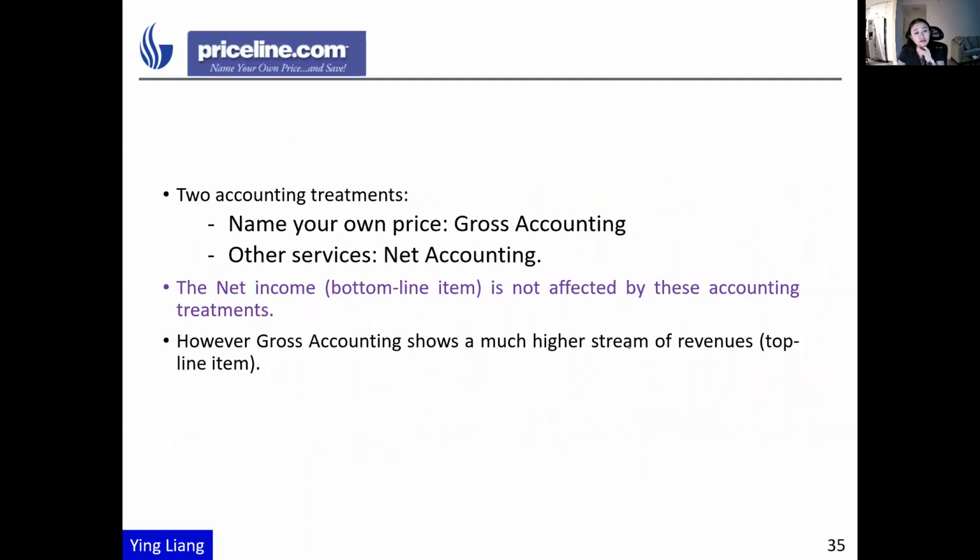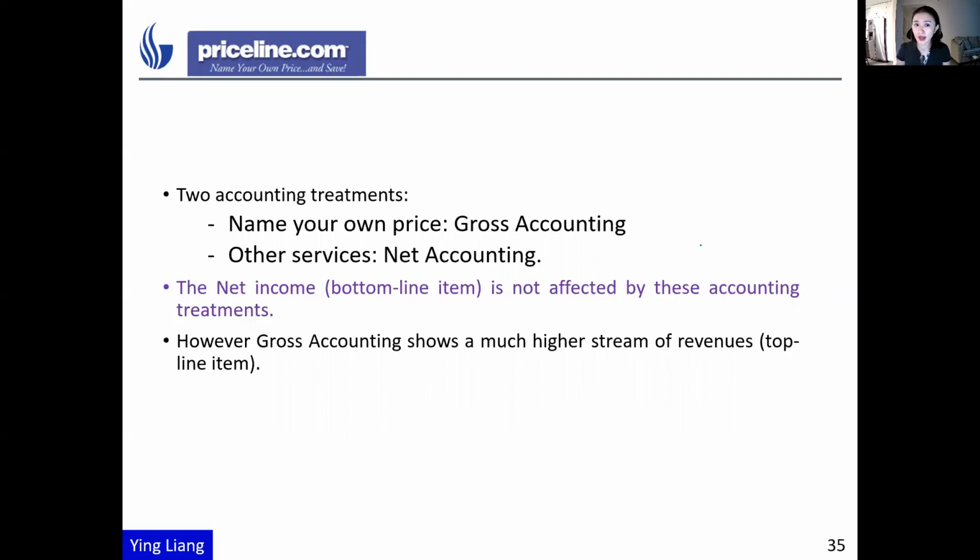Well, let's first talk about these two accounting treatments, right? The bottom line doesn't change. The net income amount is still the same. It's still 350. So it is not affected by the accounting treatments. I mean, it will never be affected by any accounting. However, as you can see directly, gross accounting can show a much higher amount or stream of revenues, the top line, right?